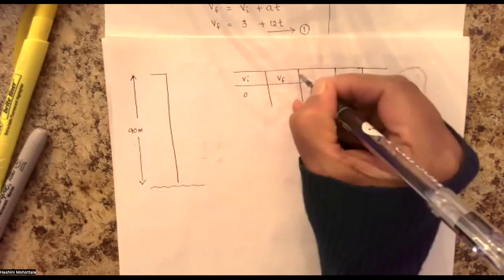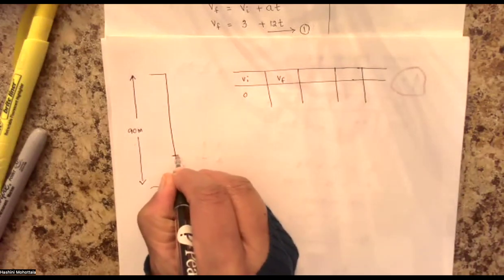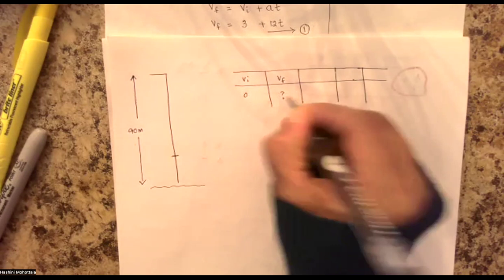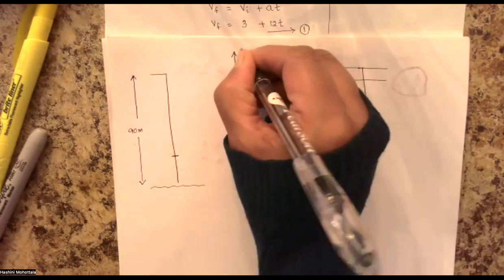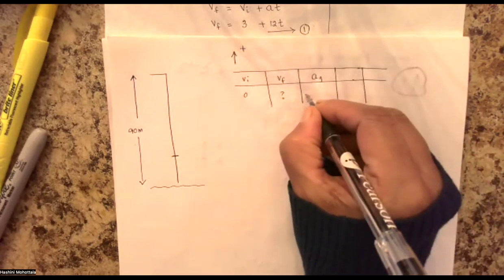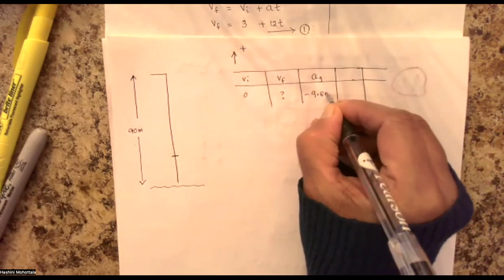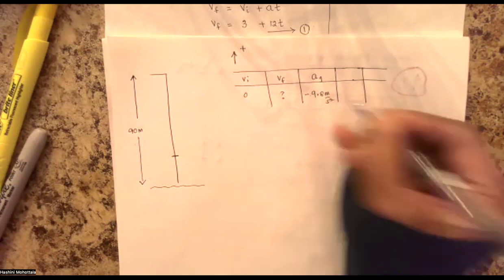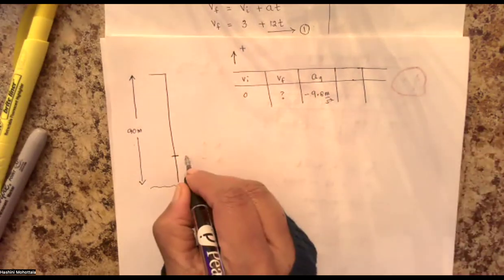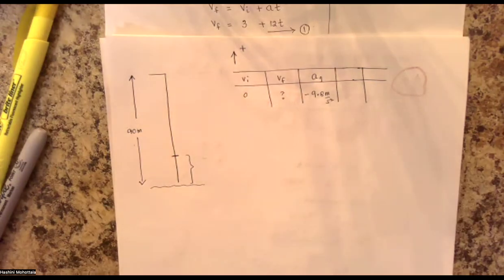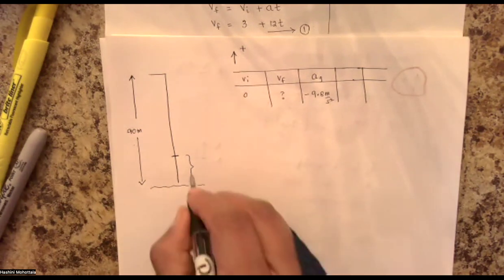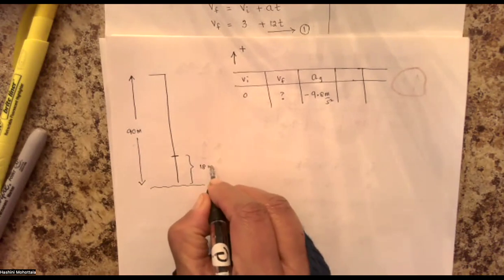Final velocity, well, we have to look at a couple of final velocities, so I'm not going to write anything here. And then the acceleration, as long as I take up as my positive direction, this is negative 9.8 meter per second square. Now, what is 20% of 90? 20% of 90 is 18 meters.